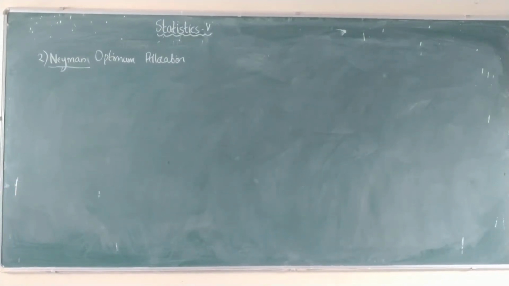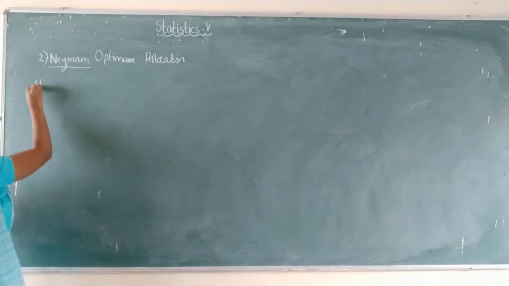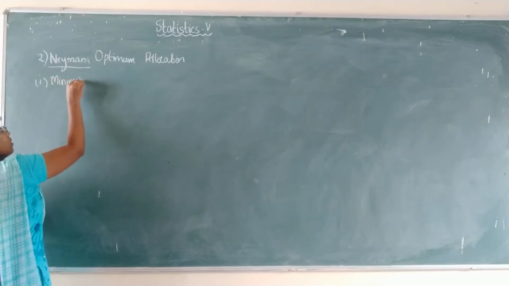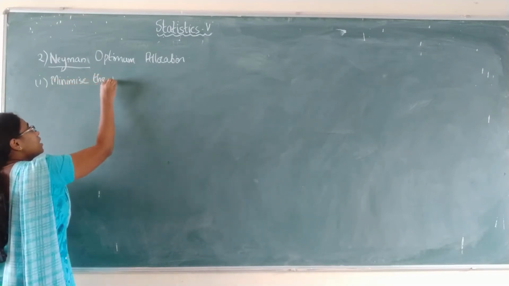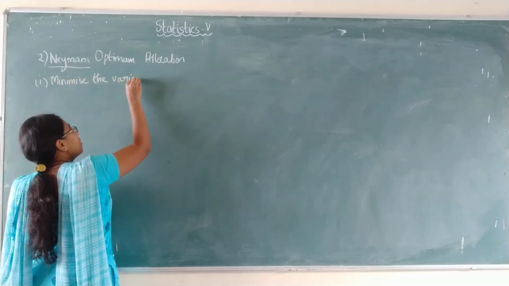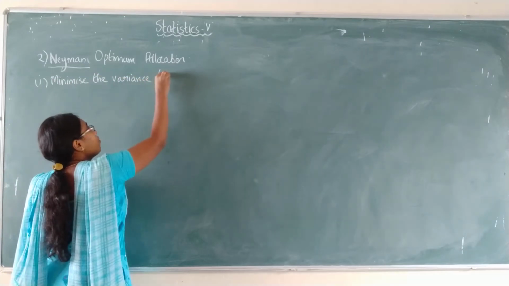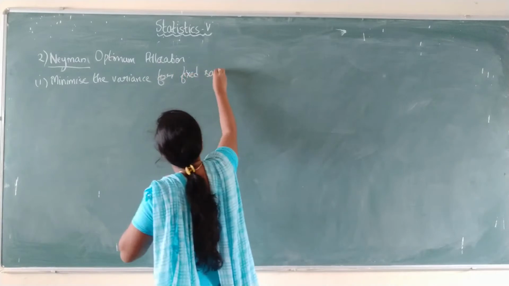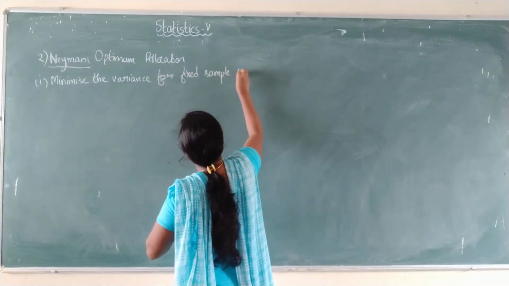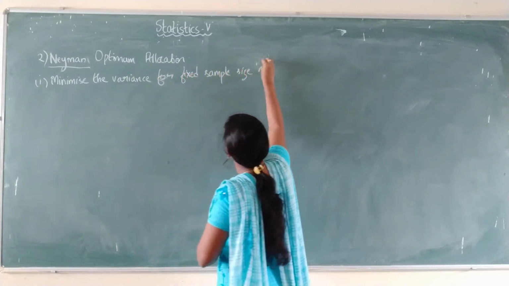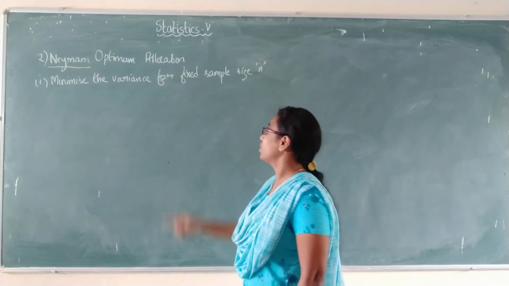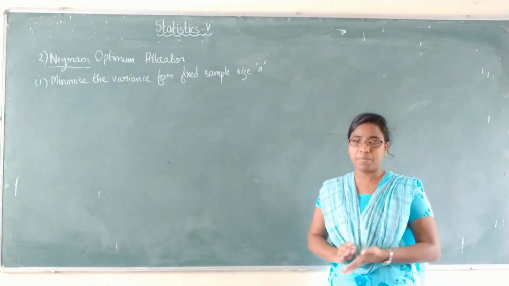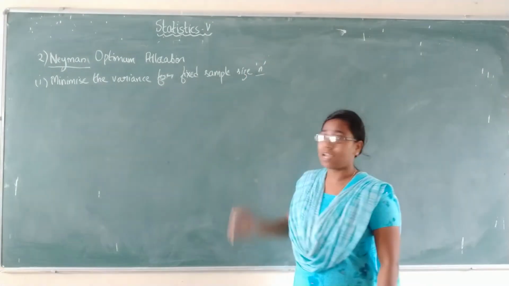The first one is minimize the variance for fixed sample size n. Minimizing the variance for the fixed sample size n means first we will fix our sample size. n indicates the sample size, right?